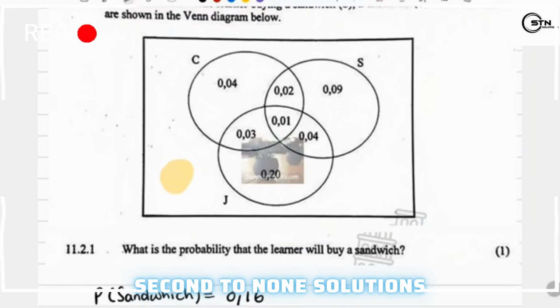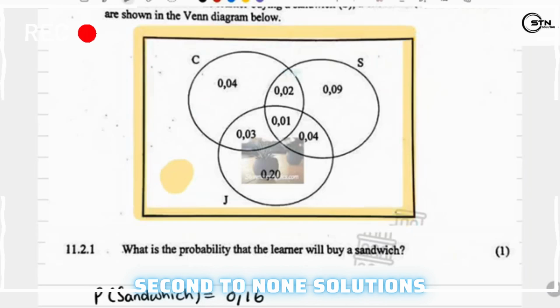Well, you have to think about it like this. Each of these probabilities, when you add them up together, will give you the probabilities of all the items that were bought, right? Of all the 3 items. So if you want to find the probability that the learner did not buy any of these items, you have to think about what everything, including the one outside, is going to give you.